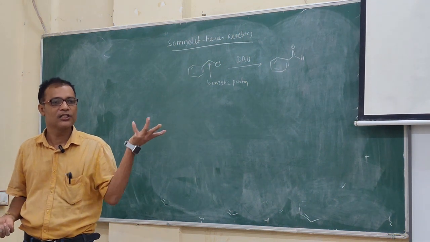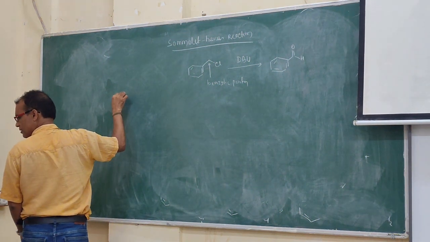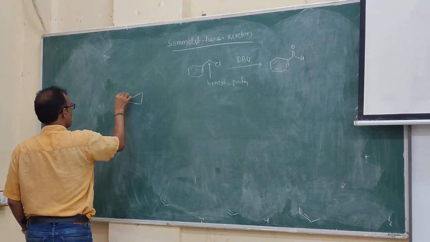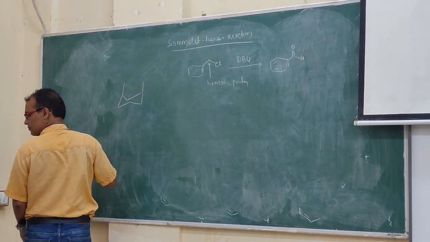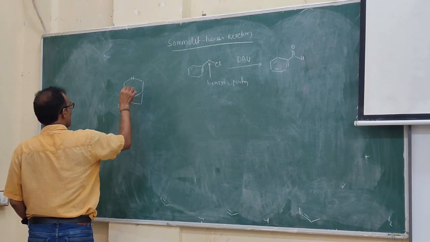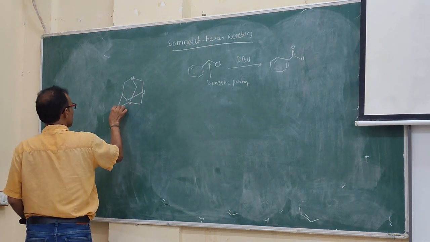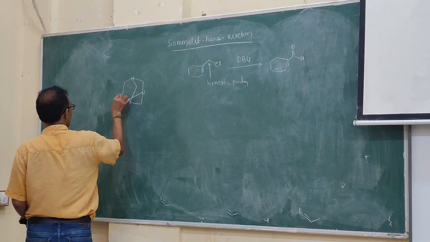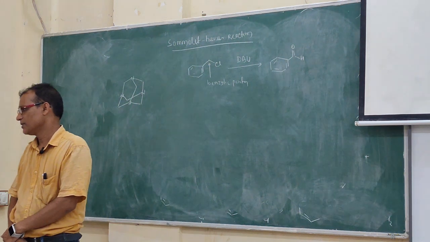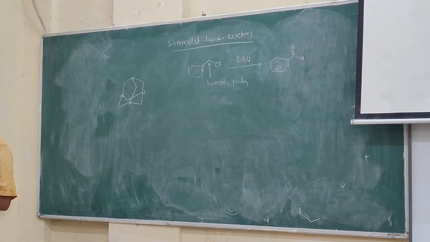Then what is DBU? So this is the nitrogen, this nitrogen, and I think here will be one more nitrogen. Okay, this is DBU. You give DBU, or you can also give sodamide, or sometimes hexamine.